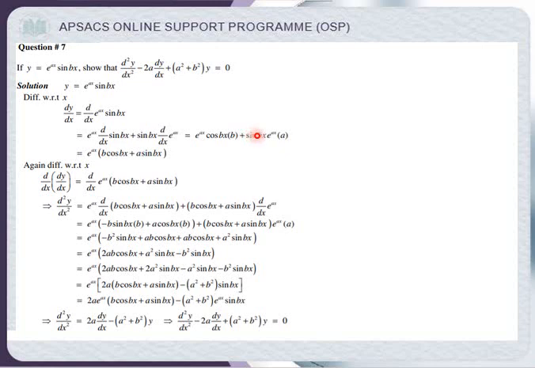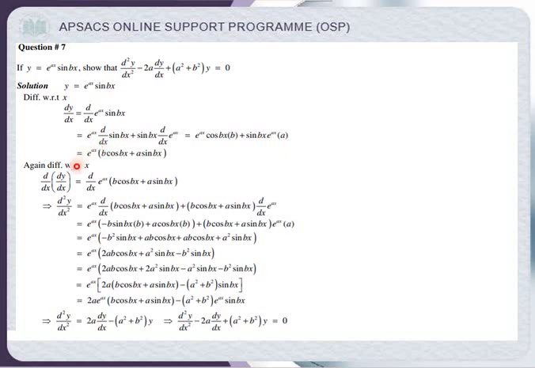Then sine bx times the derivative of e raised to the power ax, which is e to the ax times a. Why times a? Because we have to multiply by the derivative of the inner function, for the sake of the chain rule. Now there are two terms, and e to the ax is common, so b cos bx plus a sine bx is the answer of the first derivative.